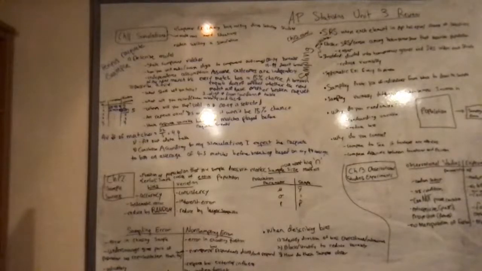Okay, so now moving from simulations to sample surveys, Chapter 12. In sample surveys, the fraction of a population that you sample doesn't matter. It's the sample size that matters. So it doesn't matter if, say, you ask 90% of the population.